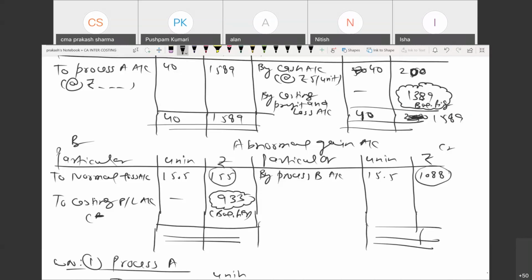These units were supposed to fetch us rupees 155, but because these units have now been abnormally gained by us, and it is worth rupees 1088, we are getting 1088 instead of 155, which could have been obtained had there been a normal loss of 15.5 units. So our net gain would be 933 only. बताइए अर्चना, क्लियर है या नहीं?